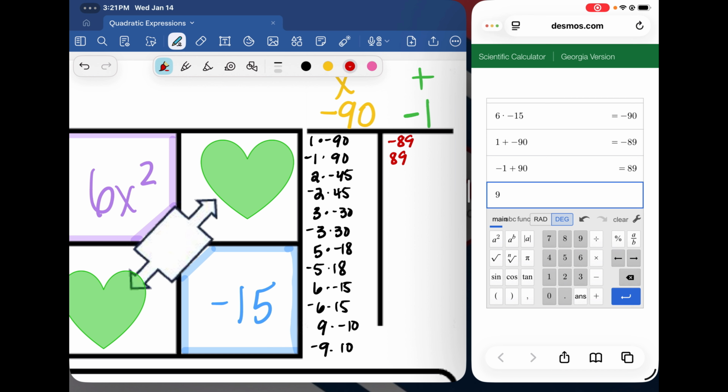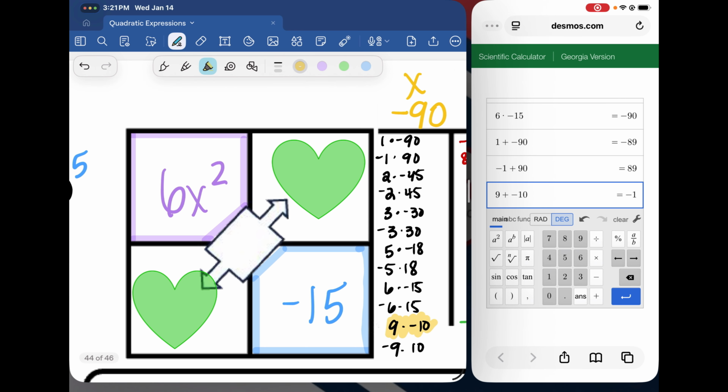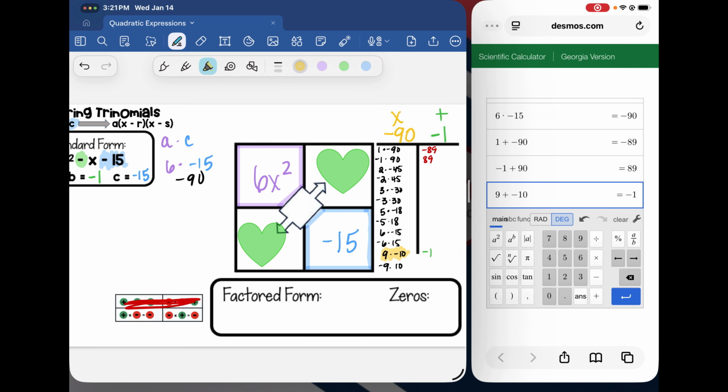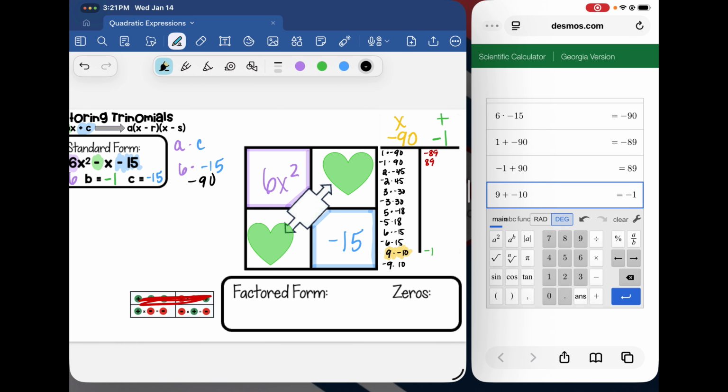And so you should have come up with a 9 plus a -10, because 9 plus a -10 is going to equal a -1, which means the two numbers that I want to use are 9 and -10. So I'm going to take 9 and -10 and rewrite my B term as a 9x and a -10x, because -10 plus 9 gives me -1.